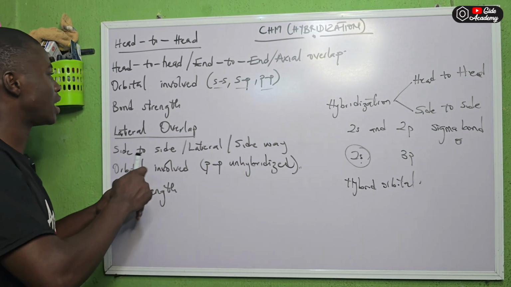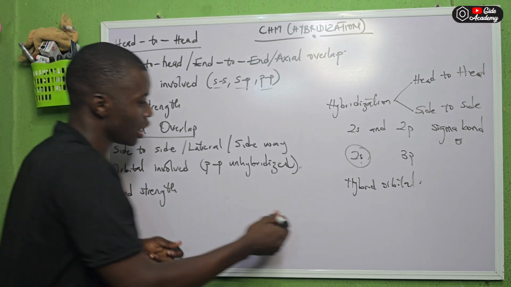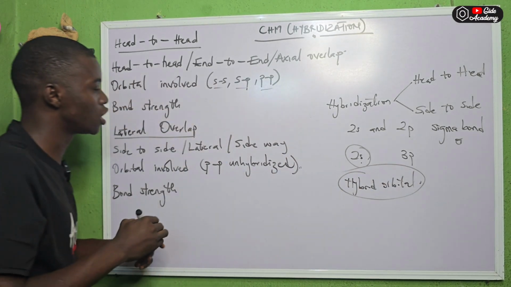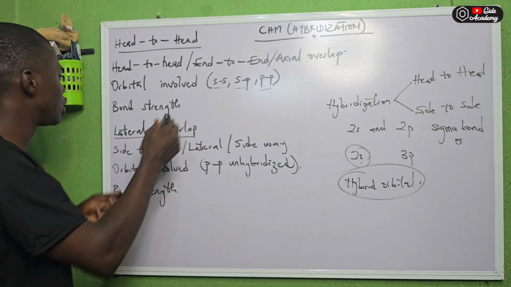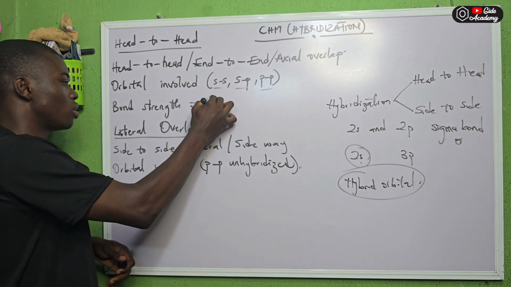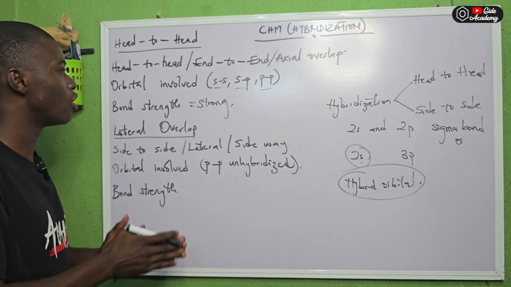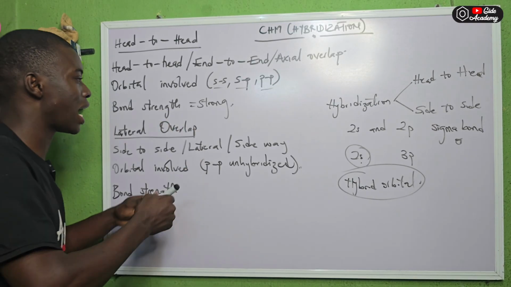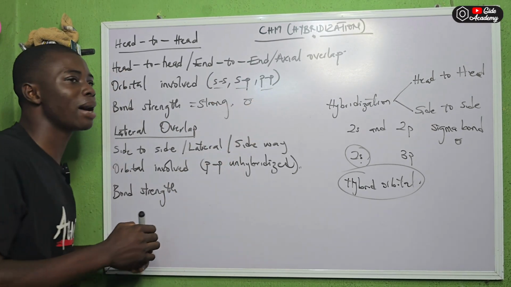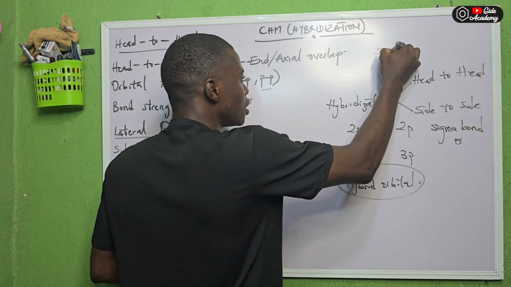That is for the hybrid orbital formed during hybridization. The bond strength for head-to-head, end-to-end, or axial overlap is very, very strong. The kind of bond is called a sigma bond, and it always leads to the formation of a single bond.